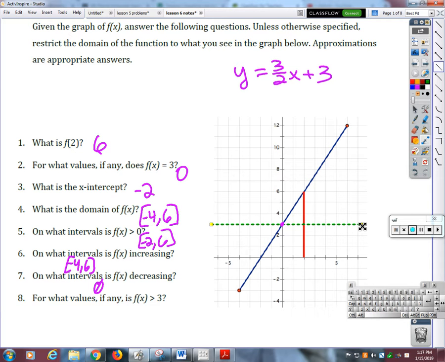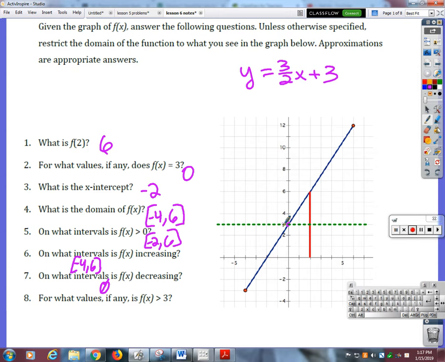And then where is the graph above that green line? It starts at 0. And then it's above the green line all the way till x equals what? We're looking at the x's. 6. Okay. So it's greater than 3 from 0 to 6.